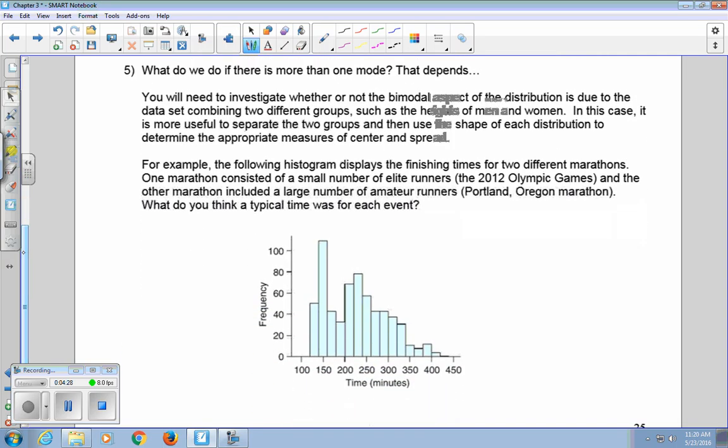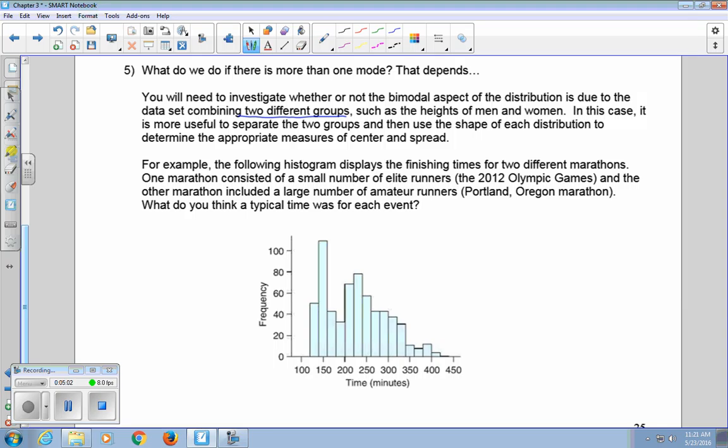We need to investigate whether or not the bimodal aspect of the distribution is due to the data set combining two different groups, such as heights of men and women. In this case, it's more useful to separate the groups and use the shape of each distribution to determine the appropriate measure.